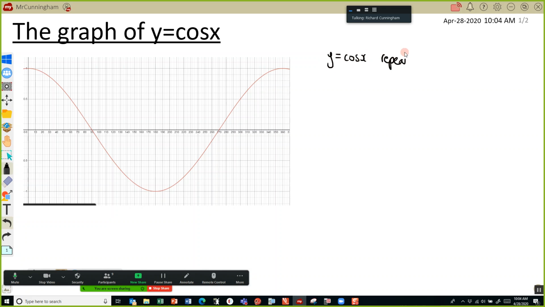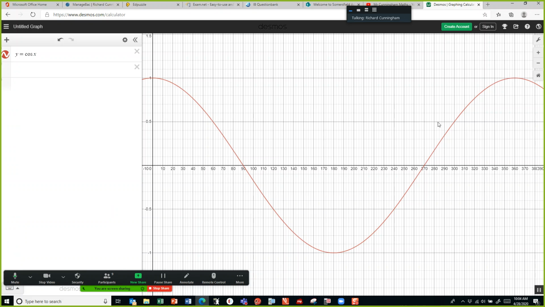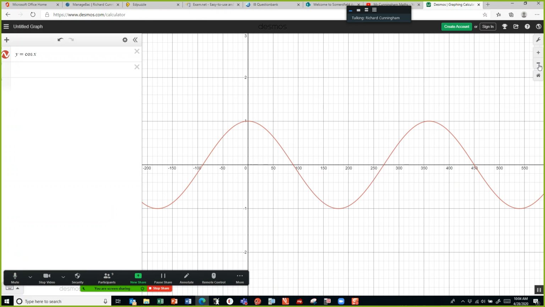Okay, so y equals cos x, and it repeats every how many degrees? Every 270? No, well, let's have a look. If I zoom out, we're starting from here. Where does it start to repeat? Yeah, every 360.